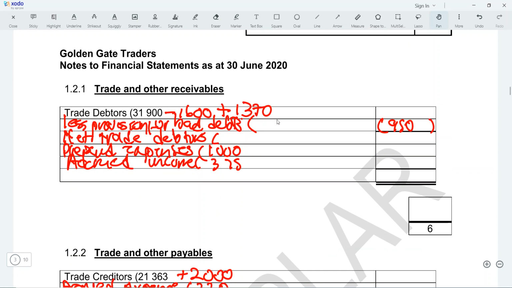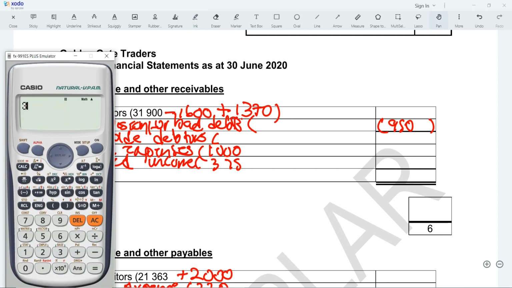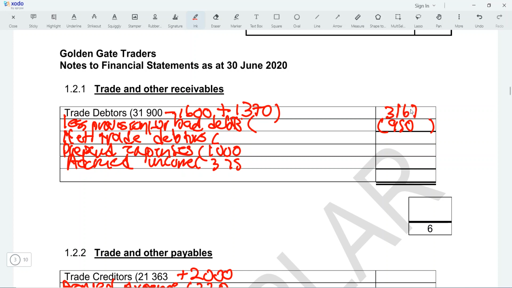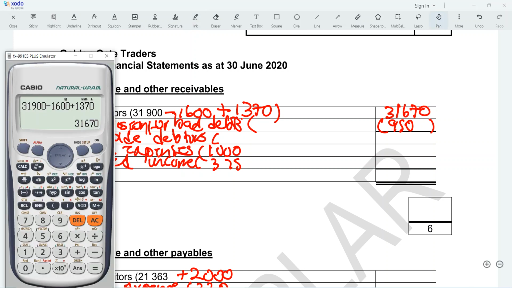So let's do our debtors control. 31,900 minus 1,600, and then plus 1,370. It is giving us 31670, right? And then this answer minus 950 will give us net trade debtors of 30,720.